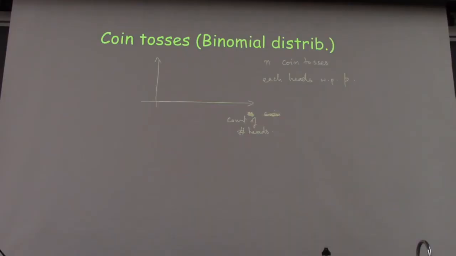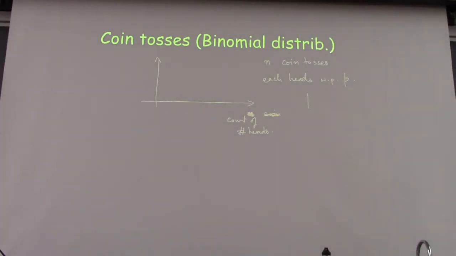Let me draw how it looks for, say, p equals 1/4. Here it looks a little bit lopsided. If I do n coin tosses, how many do I expect to be heads? Suppose I know p is 1/4. You expect n over 4 of them to be heads, so you expect a peak at n over 4.